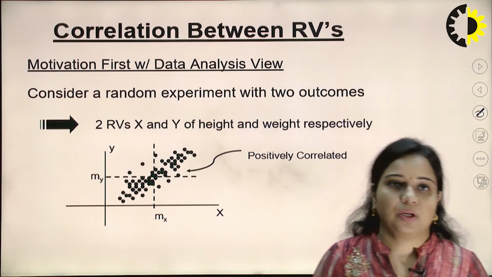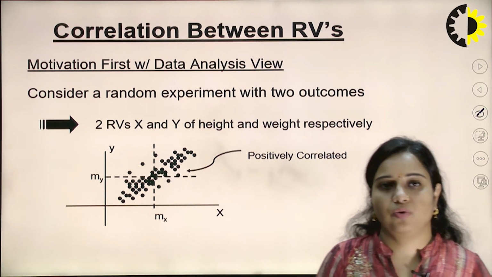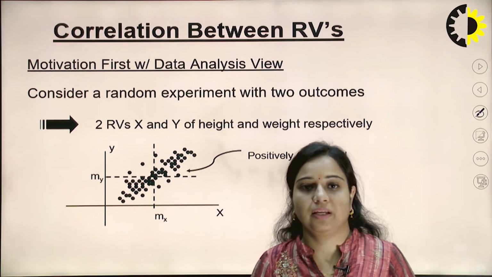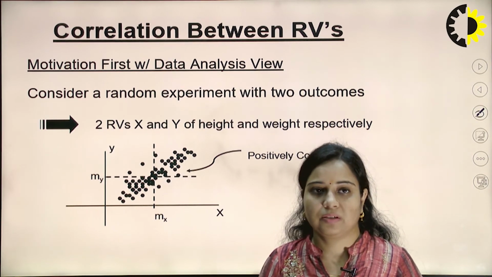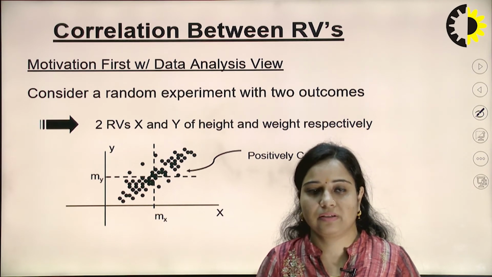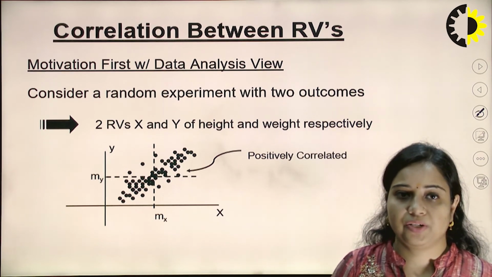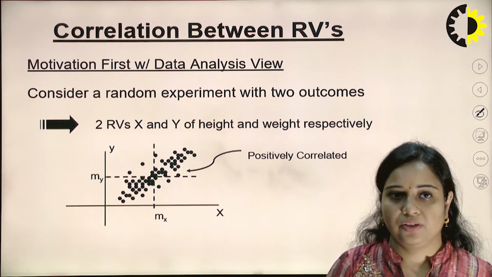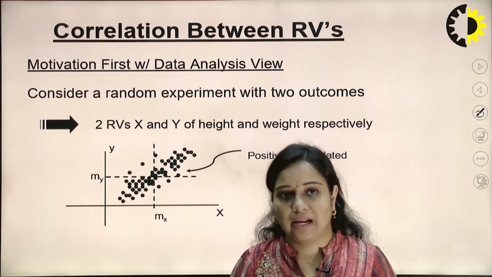Now, next comes the correlation between random variables. This is a very important concept where you have to analyze different variables. Here we are discussing only one or two variables, but when we are doing data analysis, let us say there is an Excel sheet with a number of entries and variables like the age or salary of a person.